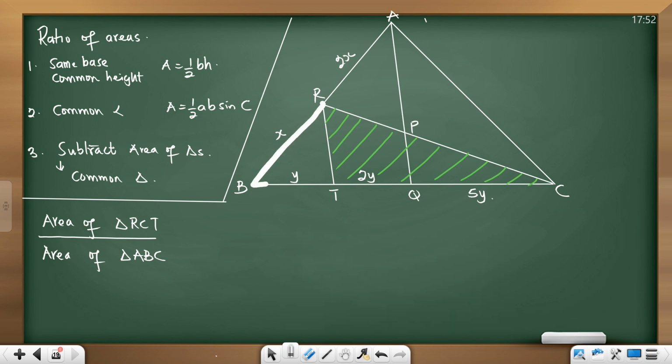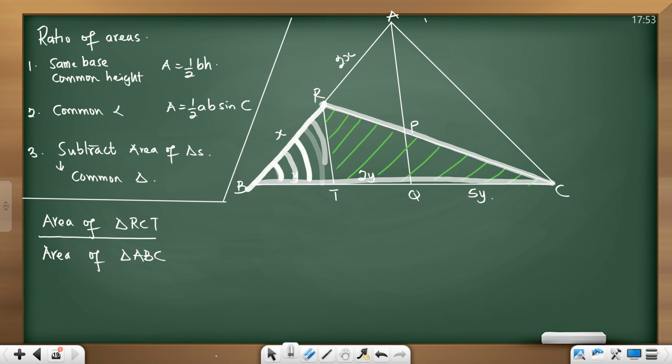If I take this whole triangle and subtract this one, what do you notice? I'll have RCT alone. Why am I choosing that? I want to show you something. Again, I'll repeat. I'm taking this whole triangle and subtracting this one.